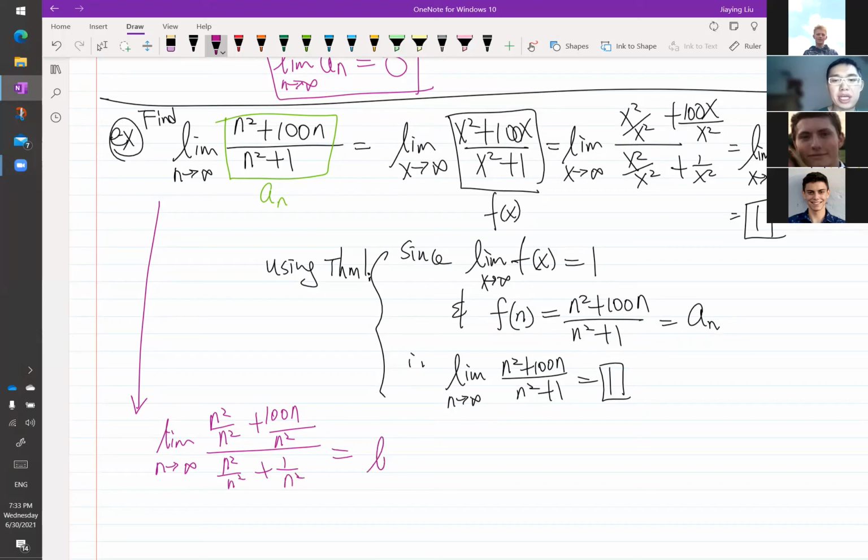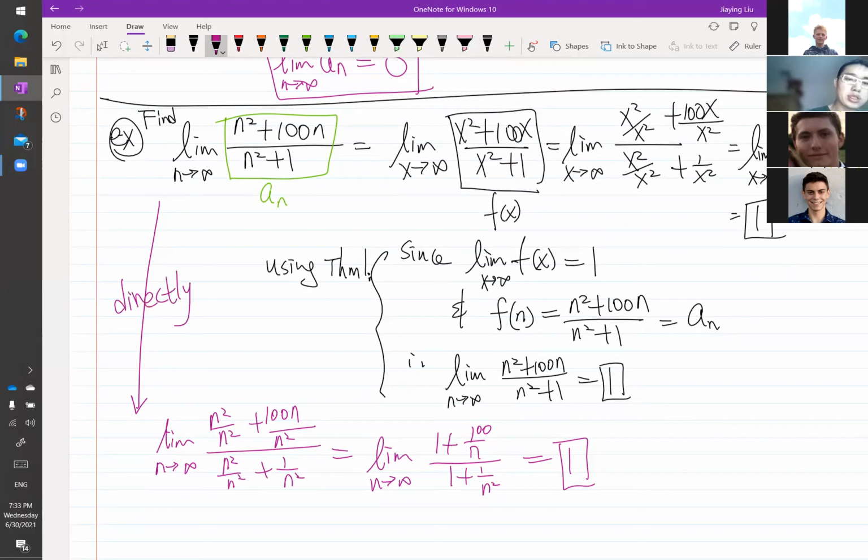And simplify from there, so you get the limit as n goes to infinity of 1 plus 100 over n, divided by 1 plus 1 over n squared, and then you take the limit there, you get 1. It's the same path as when we divided by x squared, but I just want to show you two different approaches.